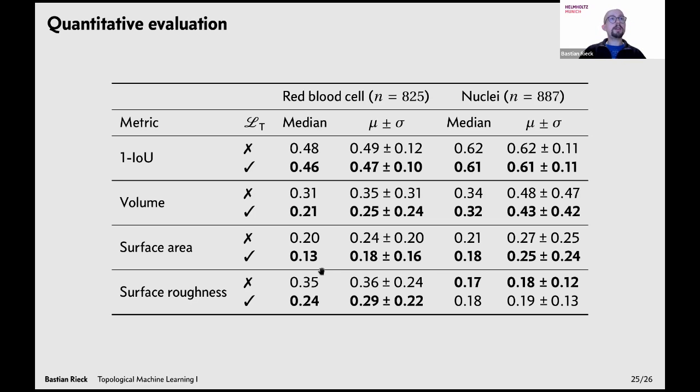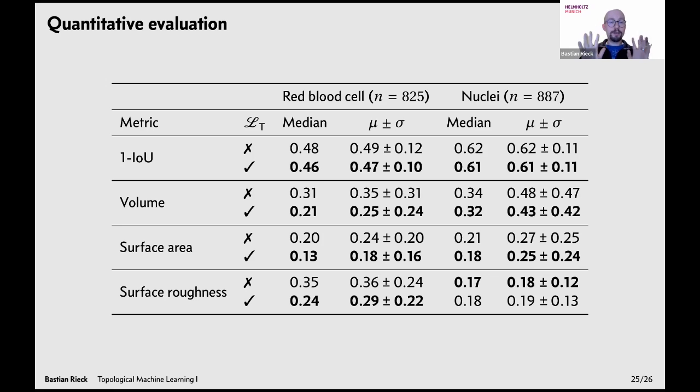So we have a quantitative evaluation on two data sets, and in almost all interesting metrics that we're looking at, the addition of the topology-based loss term indeed results in higher quality results, and moreover, at almost no additional performance degradation, because the persistent homology calculation is actually faster in this case than the actual training of the neural network.